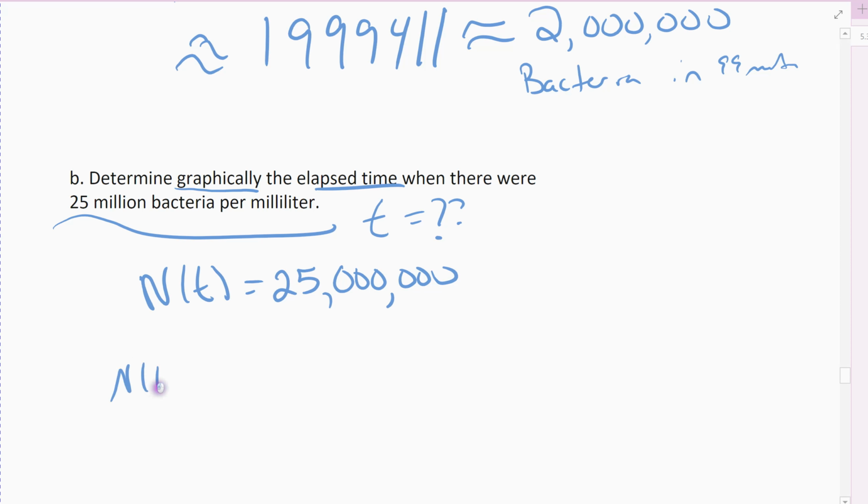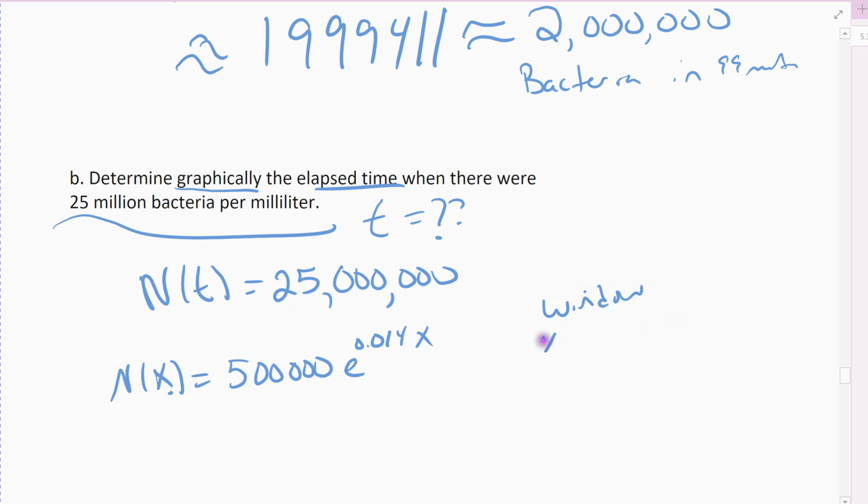So we have to graph the original equation, which was 500 e raised to the 0.014 times time, which will go in there as the x value. So when you graph it, you do have to change the t to x. You're going to have to make your window fairly large because you're going to go up to 25 million. So I'm going to change my window on my calculator.